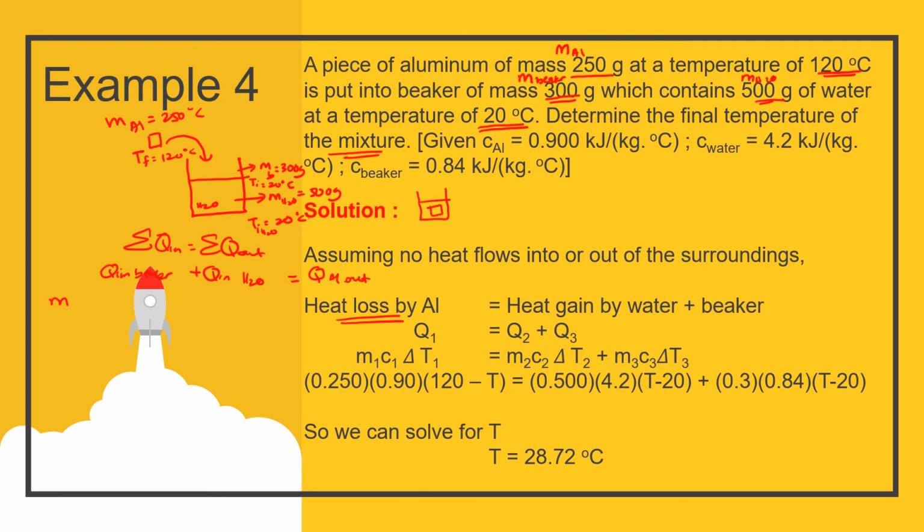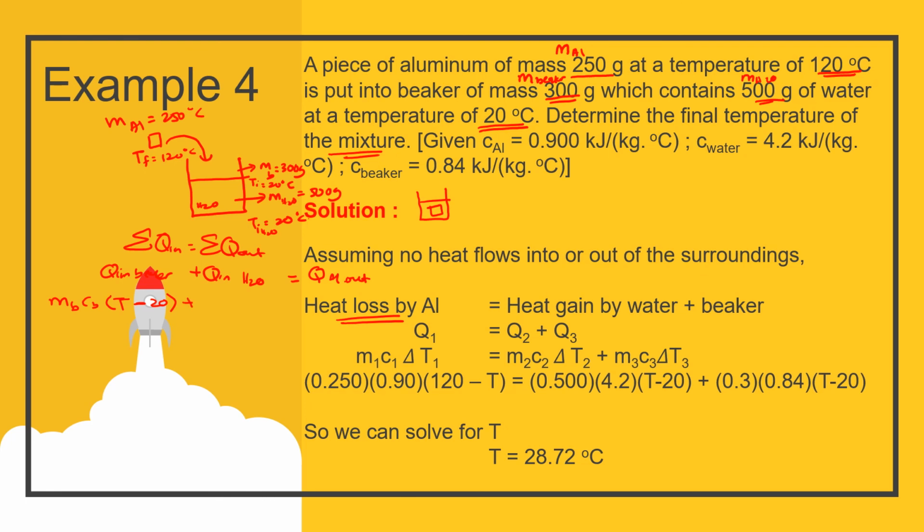Ada air, ada aluminium. Okay. So kat sini kita cari untuk beaker adalah M beaker, C beaker, and then delta T. So delta T dia adalah apa? Delta T dia adalah T final kita tak tahu berapa lagi. Kan selepas dicampurkan dengan aluminium, berapa T dia kita tak tahu lagi. So T final nak cari tolak dengan T initial dia adalah 20 degree Celsius.